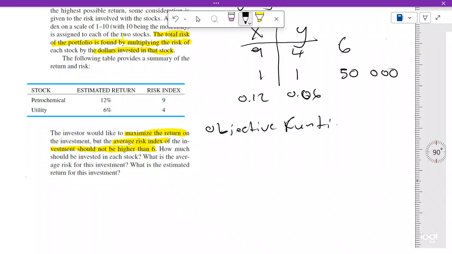Then this one I'm going to do with 5, 10, 15, 20, 25, 30 and 35.